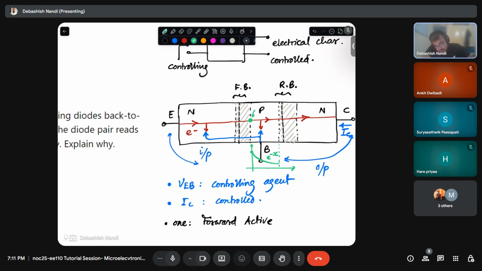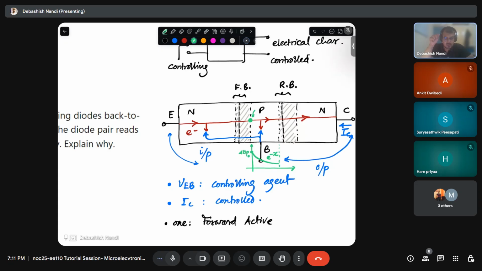At this point, let's say, is delta n p0, the excess electrons. Delta n denotes excess electrons, p subscript denotes the p-type region, and 0 denotes the position just at the depletion edge. So its concentration will decay with respect to distance, right?